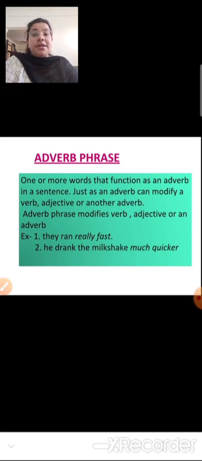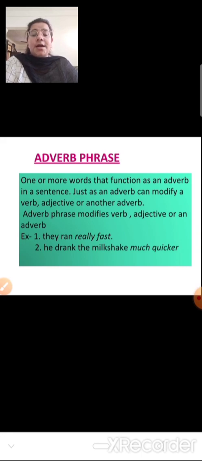We can say they ran fast, but if we add really, it adds the actual speed. It describes how fast they ran, really fast. So an adverb phrase answers questions like where and how.